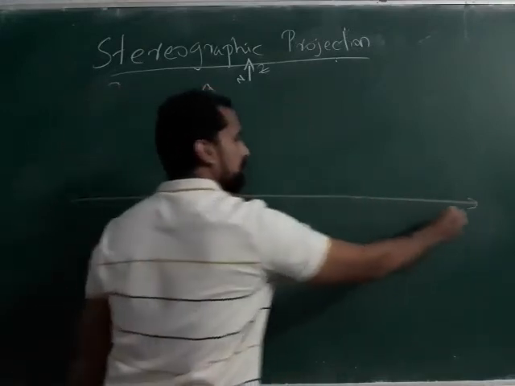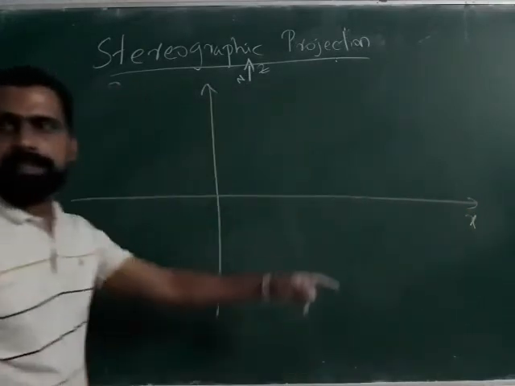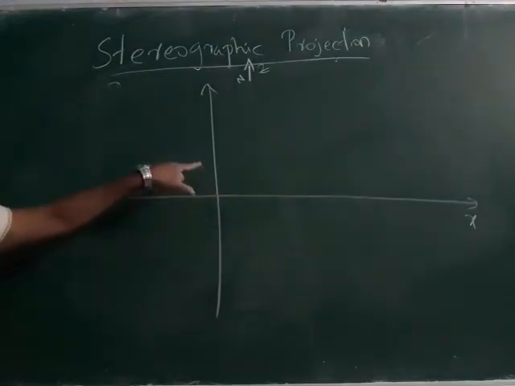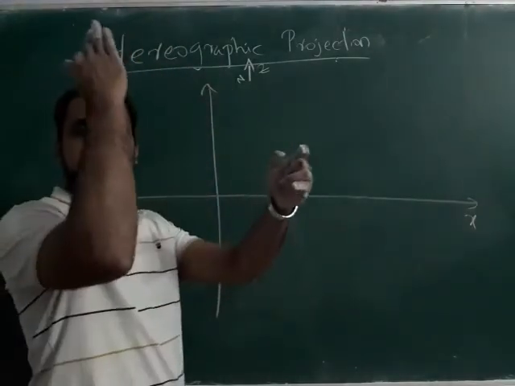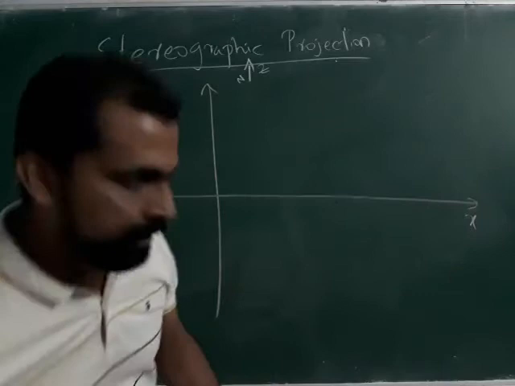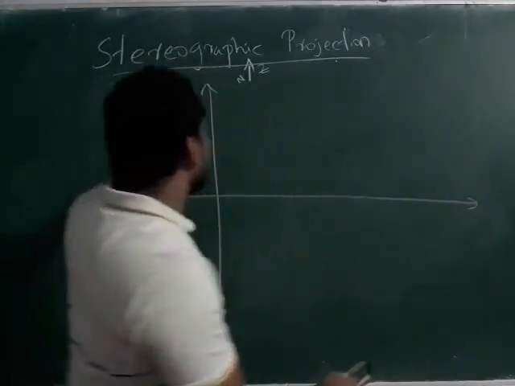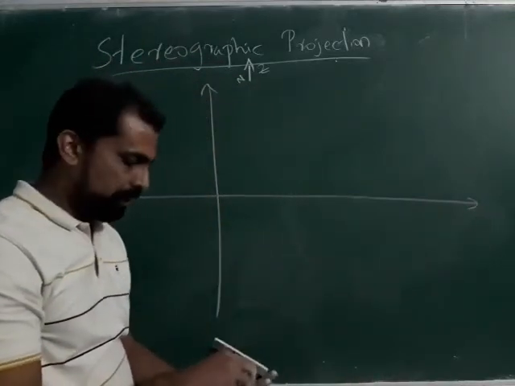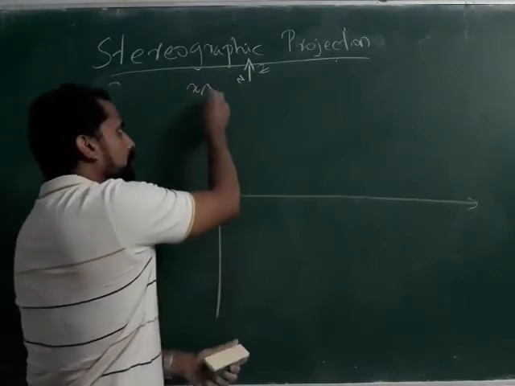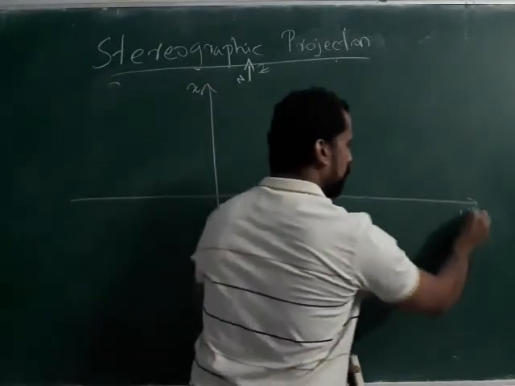X and y. I am just taking the cutting, so I will make my z remain the same because your sphere comes like this, and this is your y.